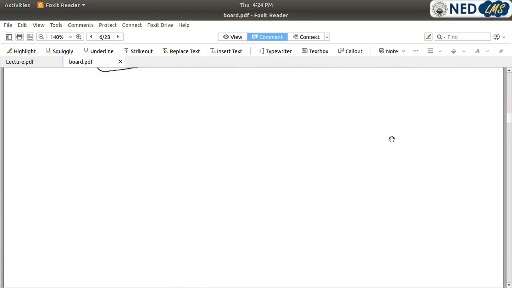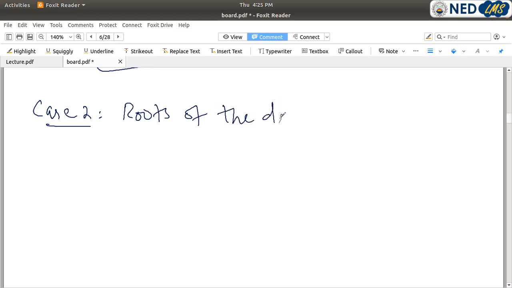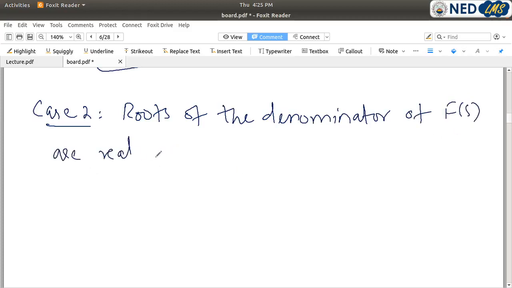Now let's move towards case two, which is roots of the denominator of F of s are real and repeated.